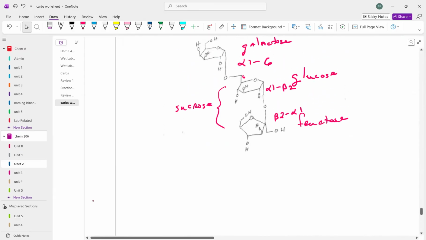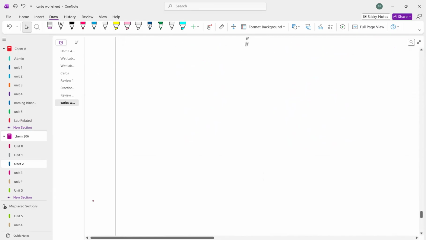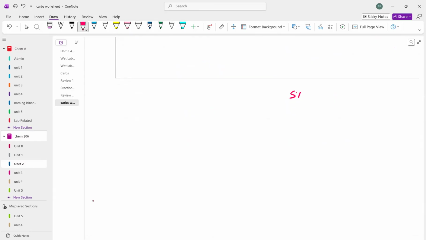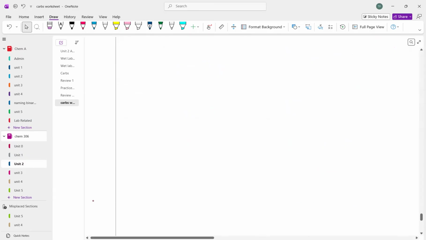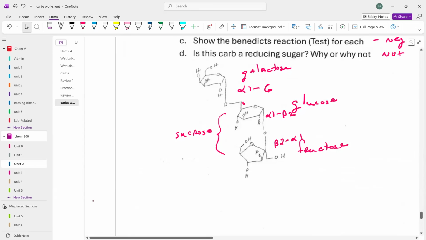Oh, I left off stachyose. Stachyose is going to have a lactose, another galactose added to raffinose.